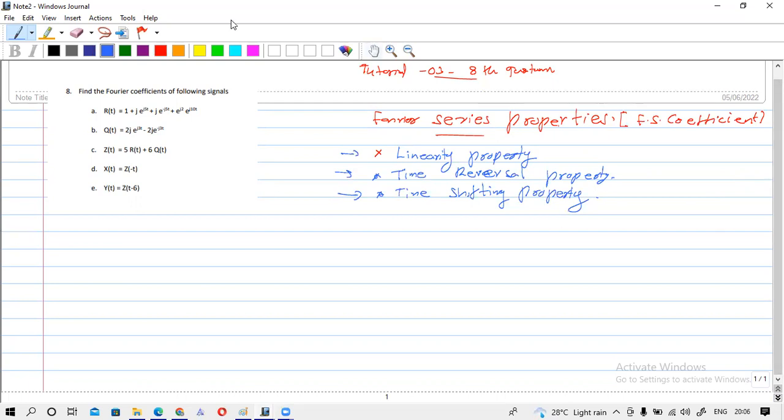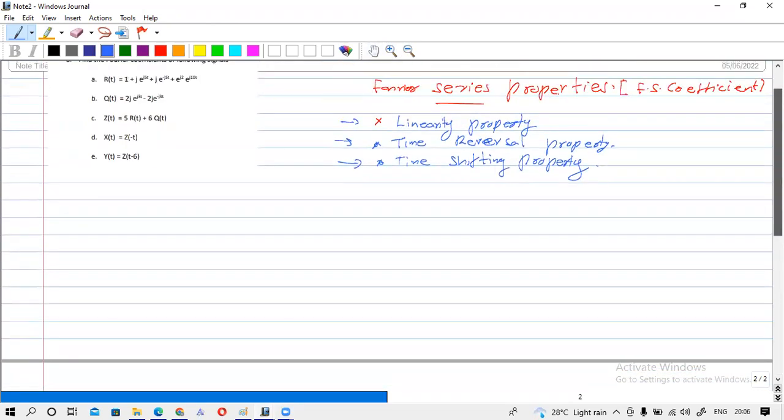So to have a quick recap, we will see what these are.